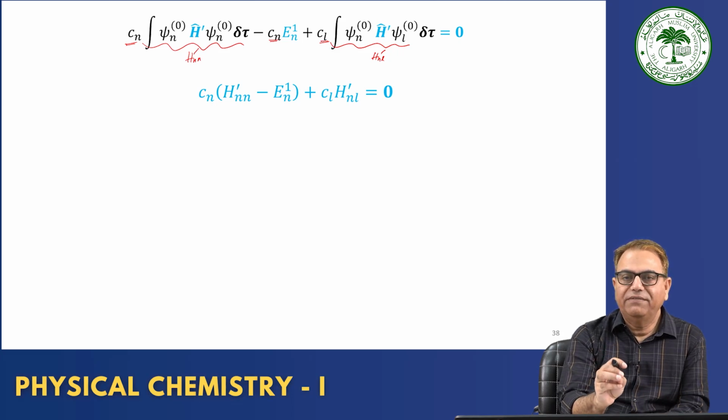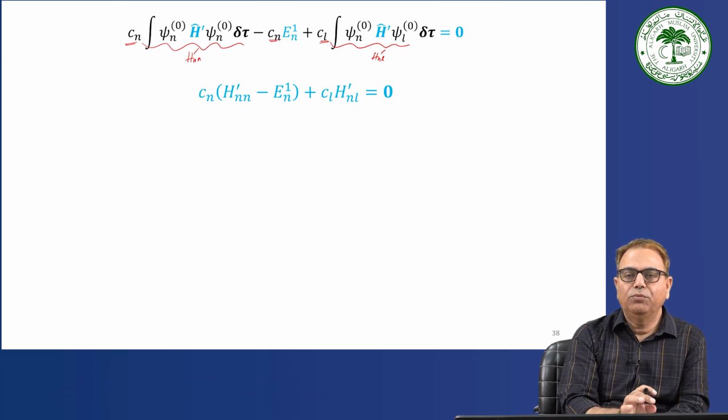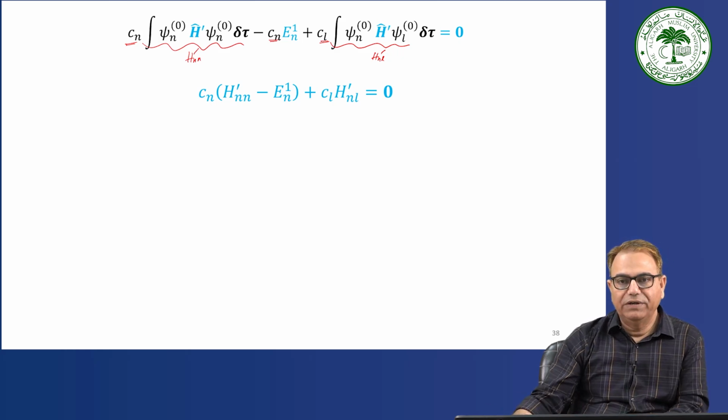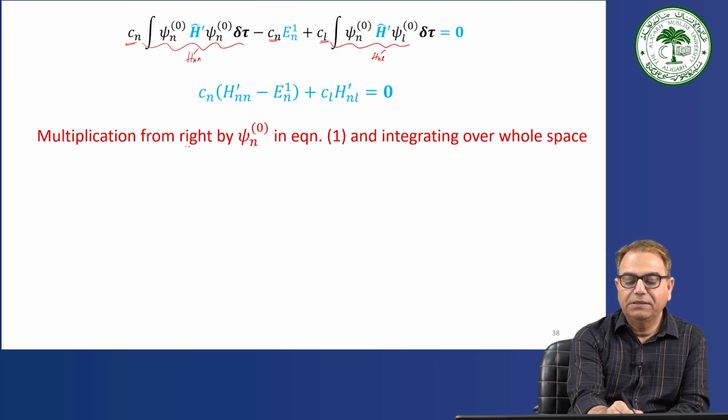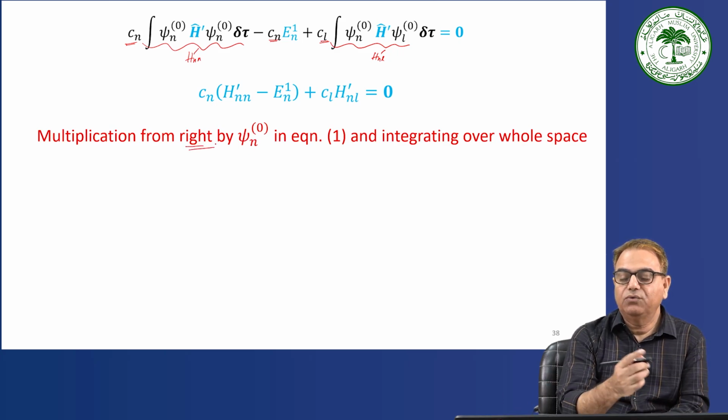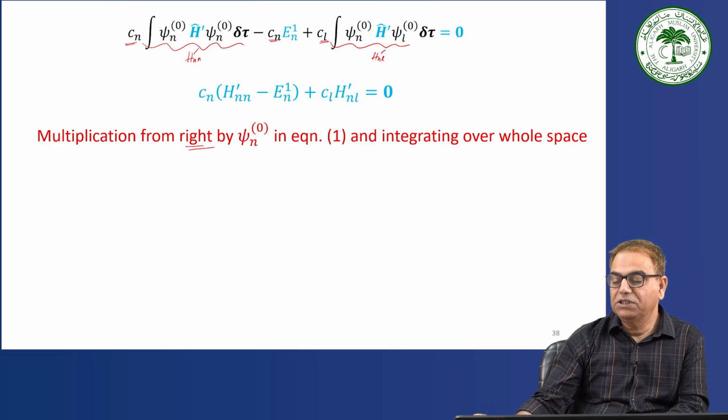But when I multiplied with psi n naught, I said you multiply it from the left hand side. What will happen if you multiply it from the right hand side? You will get a similar equation. Multiplication from the right by psi n naught in equation 1 and integrating over whole space will give you a similar equation, but the coefficients will be different.